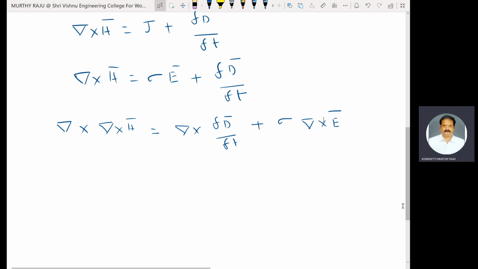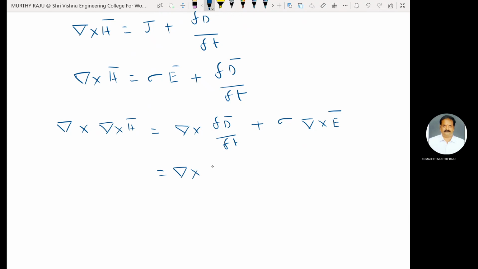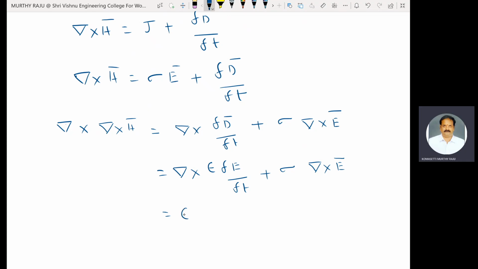Here D is equal to epsilon E, so epsilon dou E by dou T. Epsilon is brought outside: epsilon dou by dou T of del cross E.